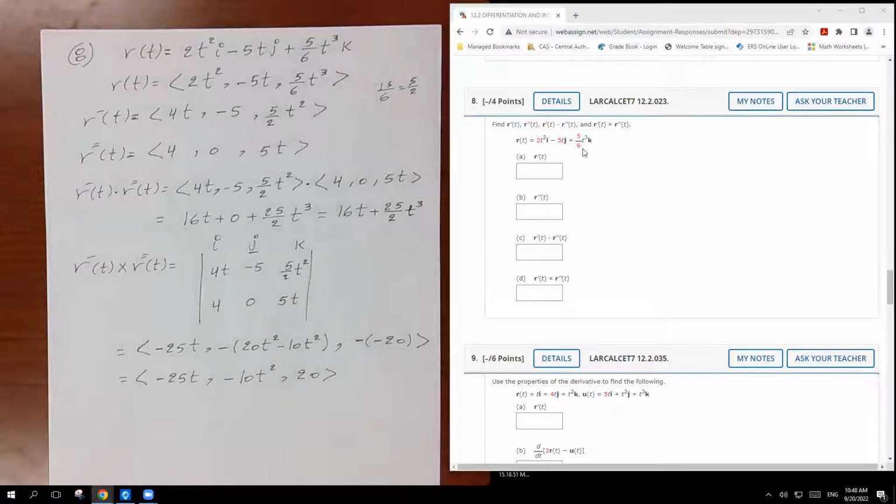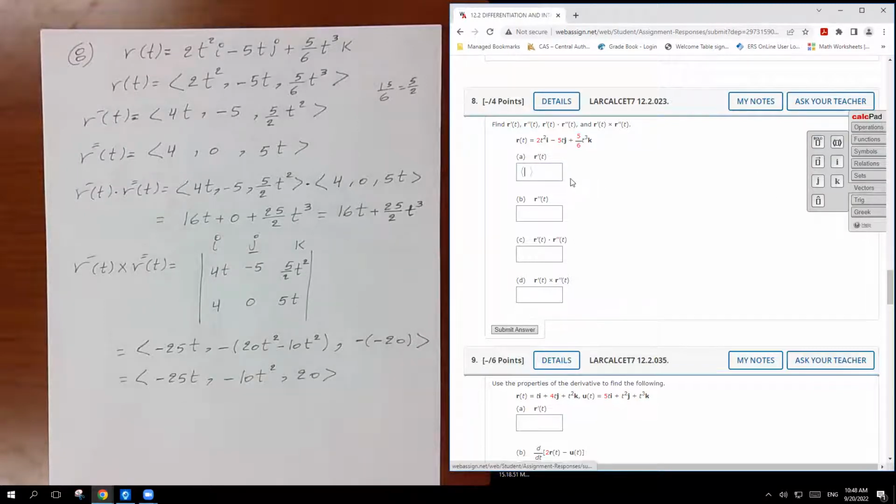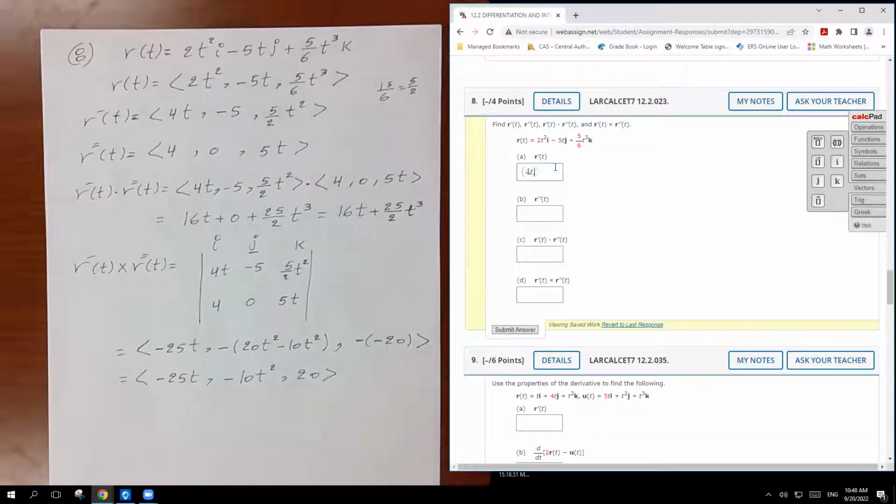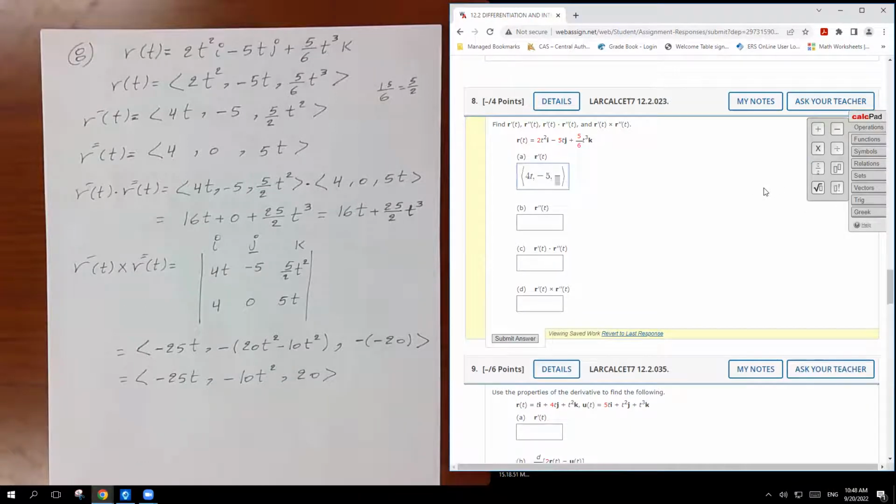So we're going to type here r prime, which is going to be 4t, comma negative 5, comma 5 over 2 t squared.